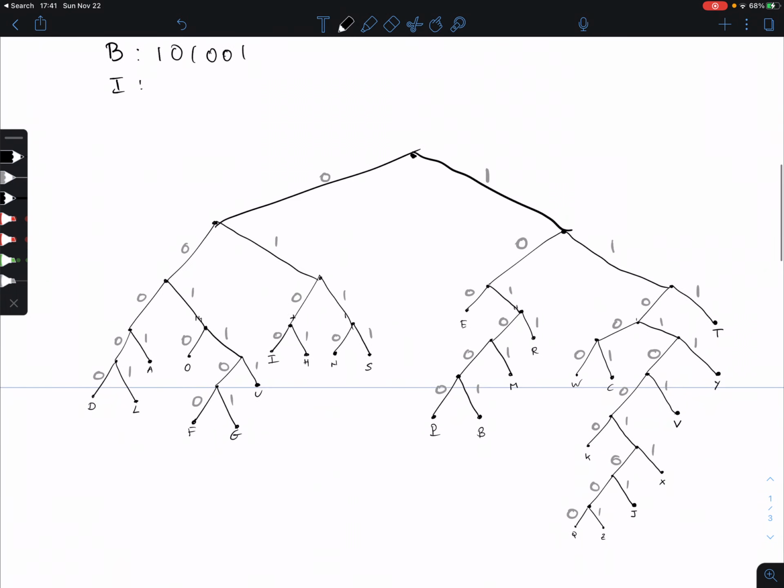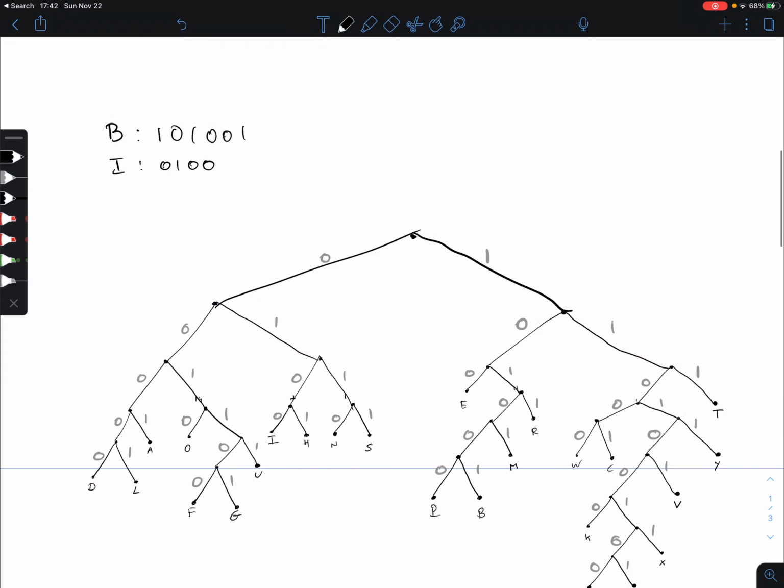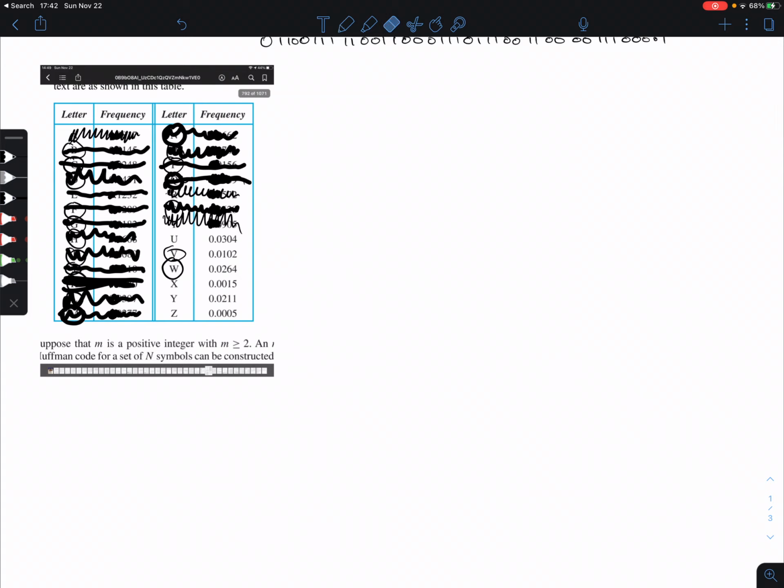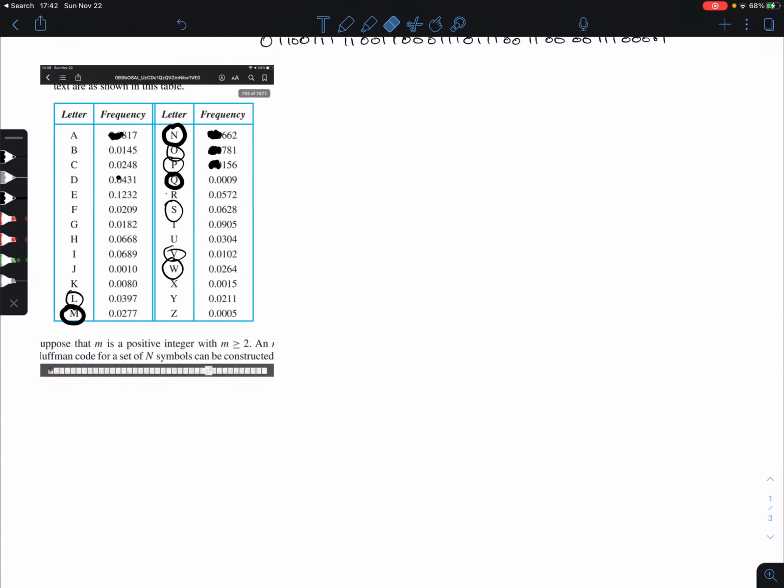Okay, so I. For I, we locate I. Where is I? Don't tell me I don't have I, guys. No, I know I have it here. So that is 0, 1, 0, 0. Notice that this is much shorter because I is much more frequent; if we look back at the frequencies, I is a rather frequent letter.